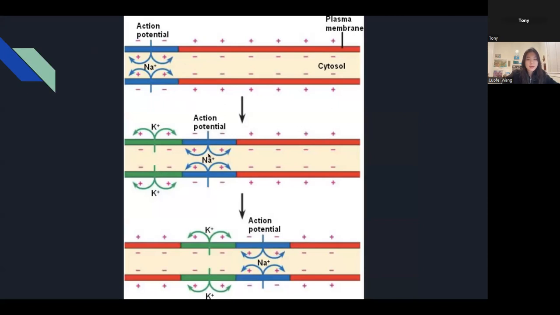And behind the action potential, the potassium is flowing outwards during hyperpolarization. And it is also undergoing a refractory period. So even though there is a negative charge here, the positive charge from the sodium here, even if it moves to the left, it's not going to cause another action potential because the sodium channels are inactivated for that period of time.